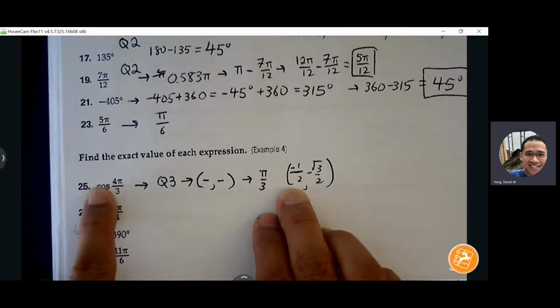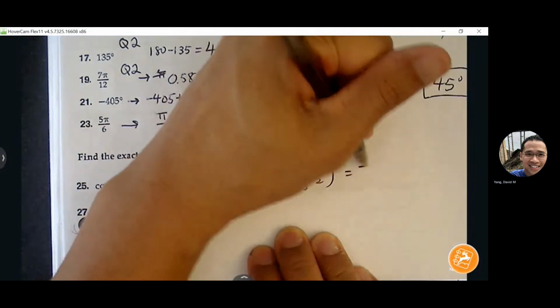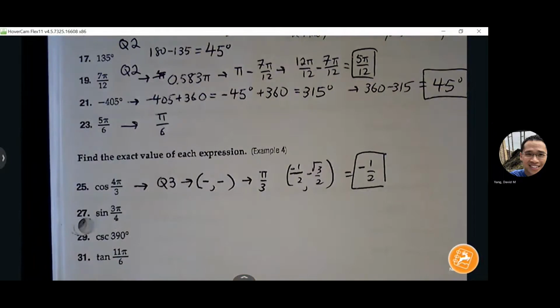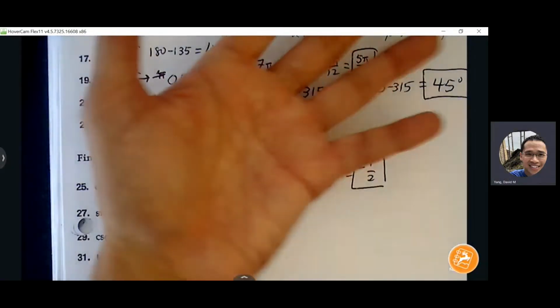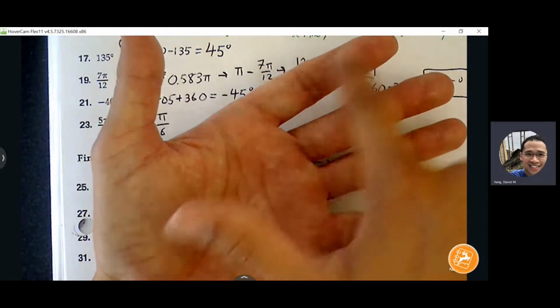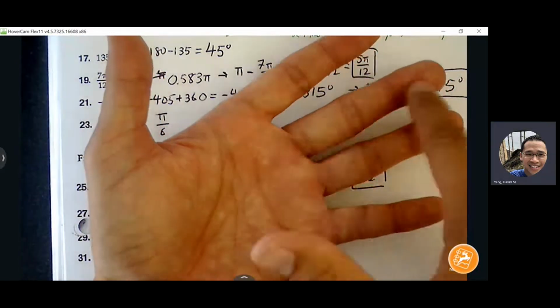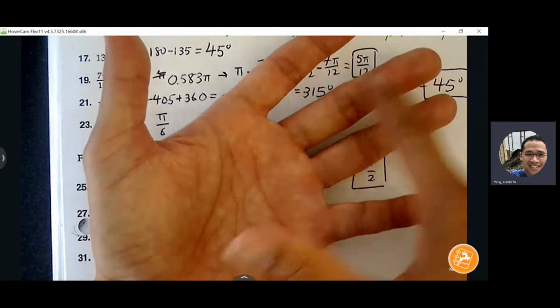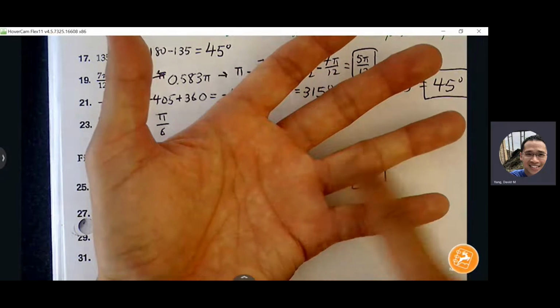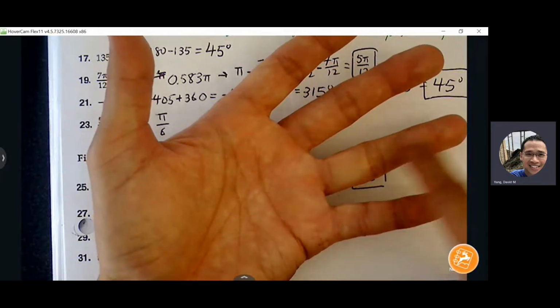Cosine is just the x value. Yeah, so my index finger is 60 degrees or pi over 3. Middle finger is pi over 4 or 45 degrees. And the ring finger is pi over 6 or 30 degrees.